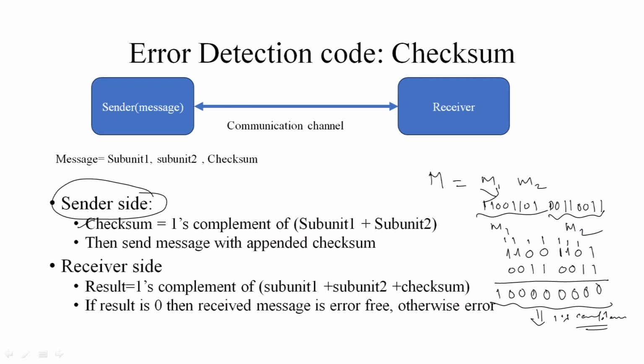Here we take the ones complement, that is 0 1 1 1 1 1 1 1 1. This is the ones complement of the sum obtained by adding subunit 1 with subunit 2. This is the value of the checksum.